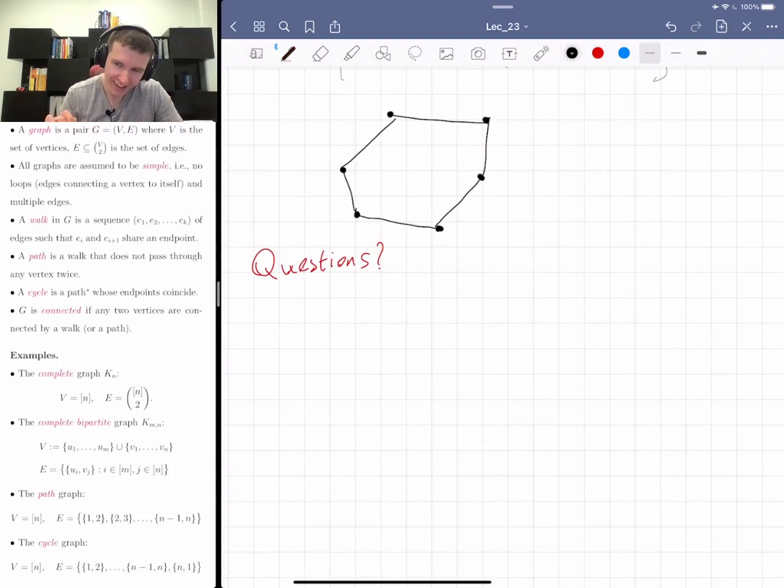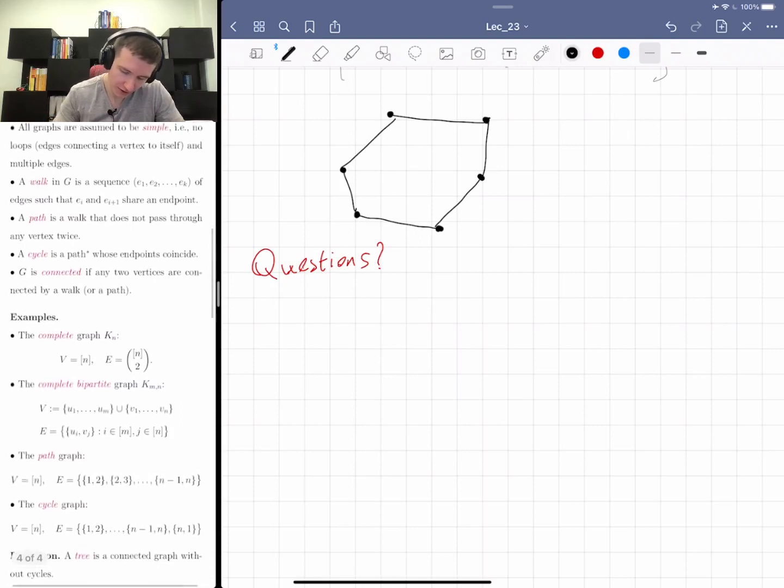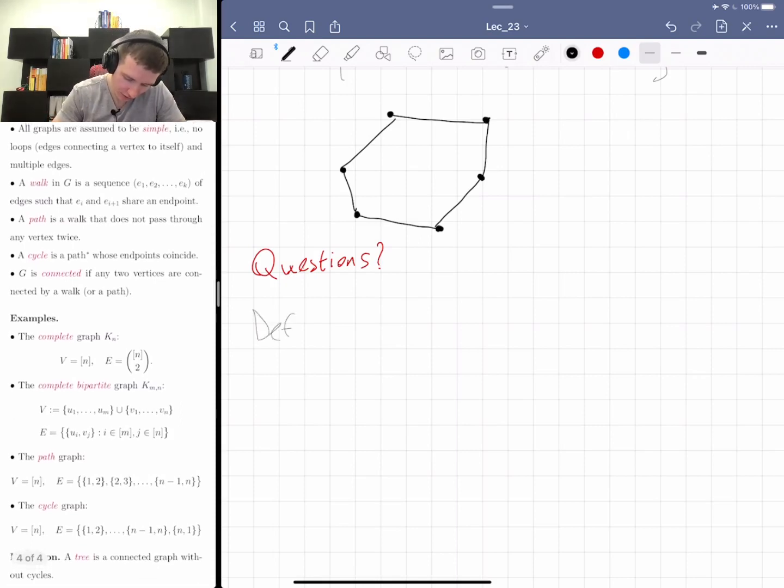So let me talk about trees. By definition, a tree is a connected graph without cycles.